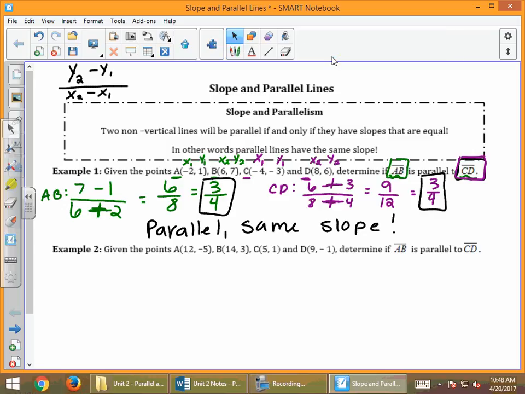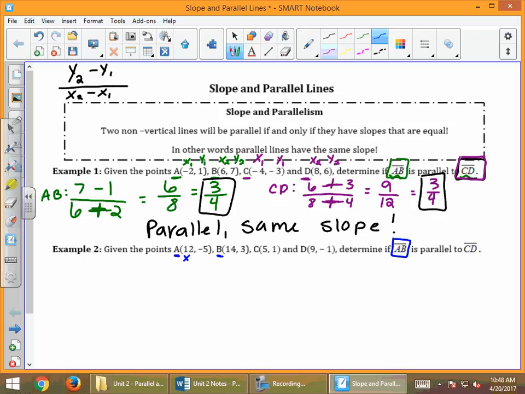For example 2, you're going to do the same process. To determine if these lines are parallel, you have to find the slope of both lines. Make sure the correct ones match up. One of our lines is AB, so A and B have to match up.